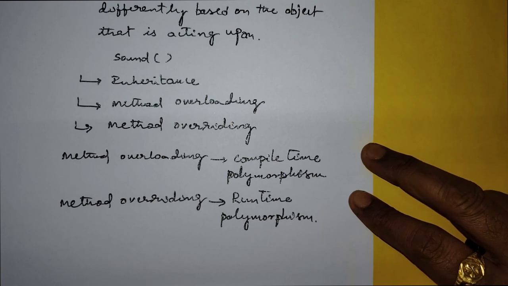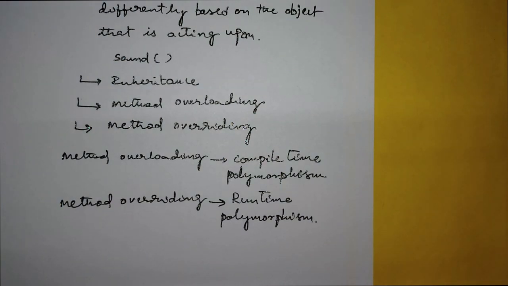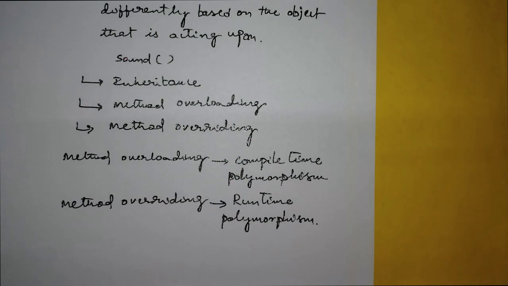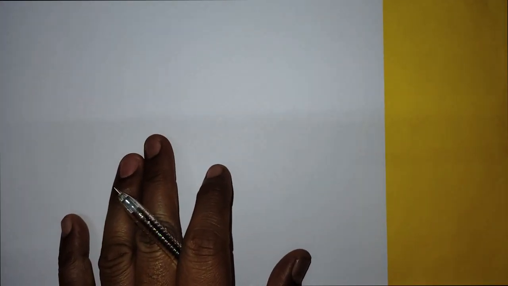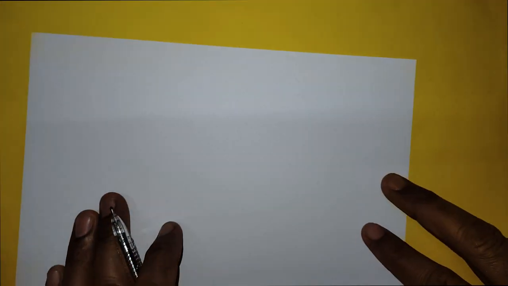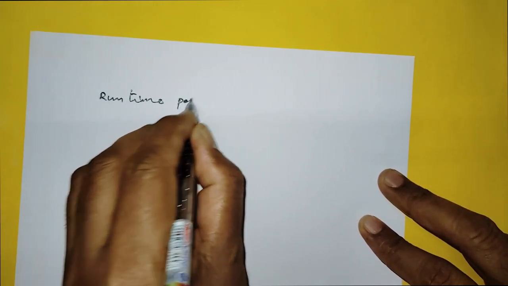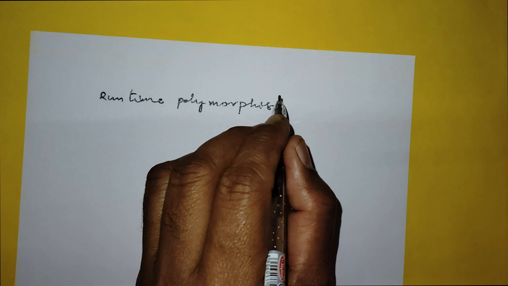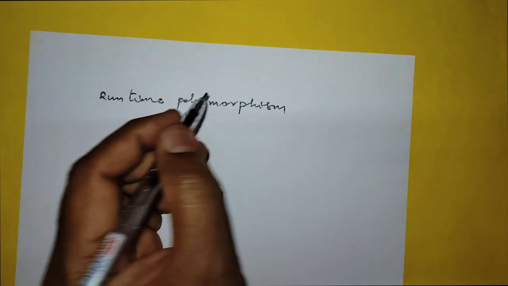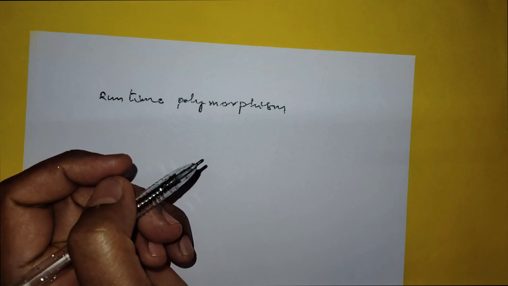Let us take an example. We are going to write a program for runtime polymorphism, that is method overriding. We are going to write a program and explain method overriding through runtime polymorphism step by step.